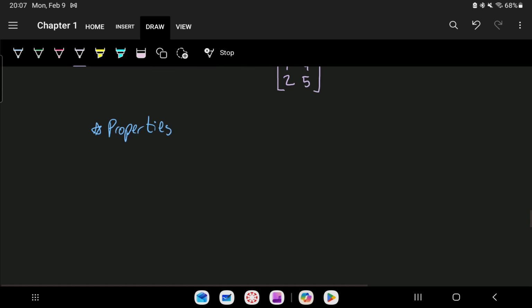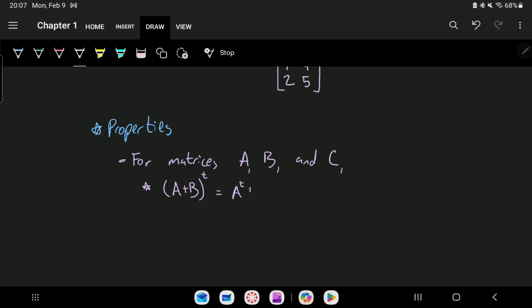The properties of transposition are as follows. If I have matrices A, B, and C, I can say that if we put A plus B in parentheses and a transposition outside of it, it's the same thing as saying A transpose plus B transpose.